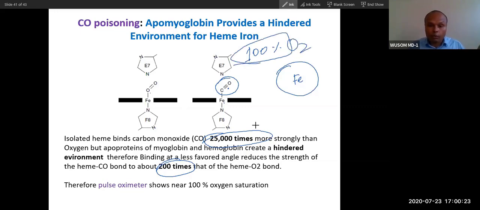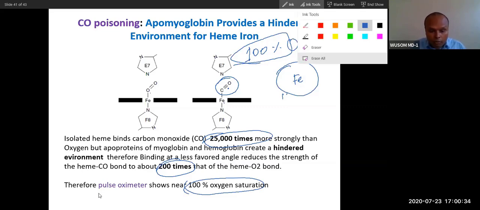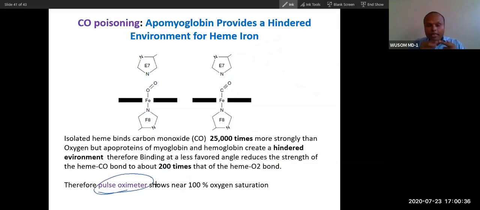In carbon monoxide poisoning, you give 100% oxygen. This is the antidote. Now pulse oximetry is an instrument that actually measures only the color of hemoglobin. The color of oxygen-bound hemoglobin and the color of carbon monoxide-bound hemoglobin will both be bright red.